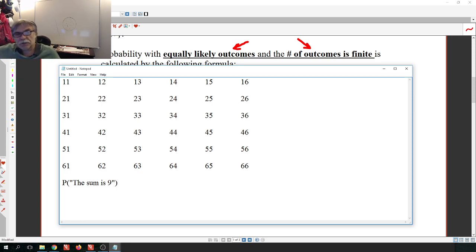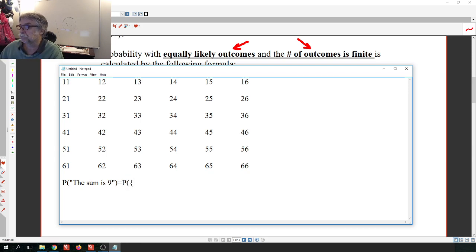What is the chance that if you roll 2 dice, the sum on both dice will be 9?